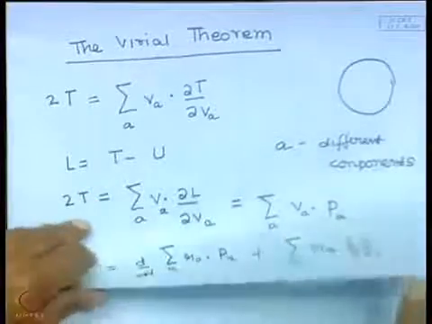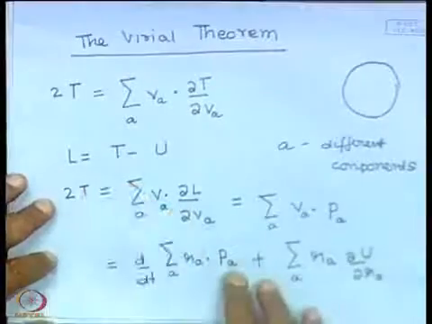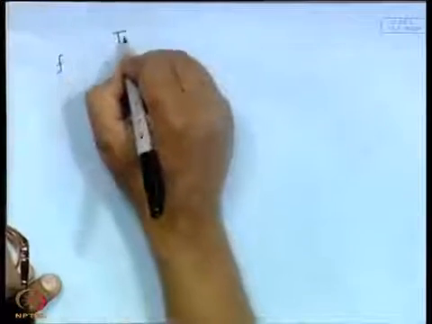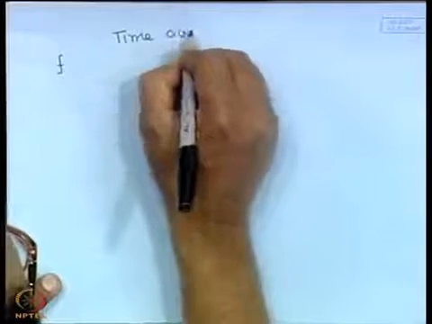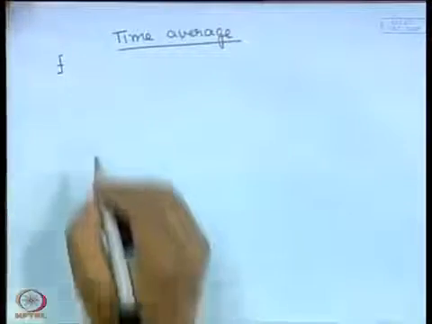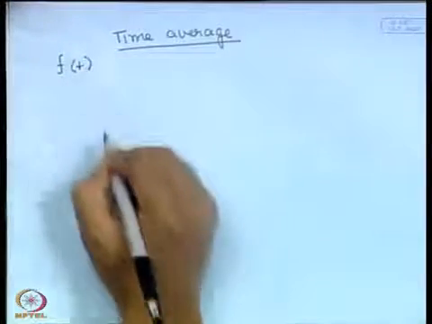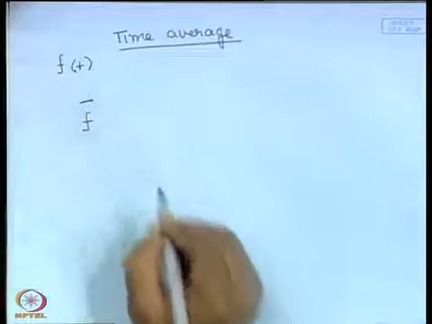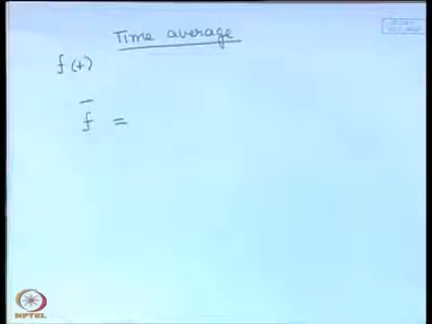Now, the virial theorem tells us something about the time average of these quantities. So, let me define what we mean by the time average. So, if there is some quantity f which varies with time, its average f bar is defined as follows.